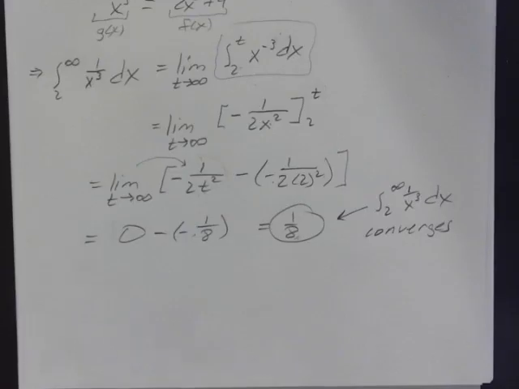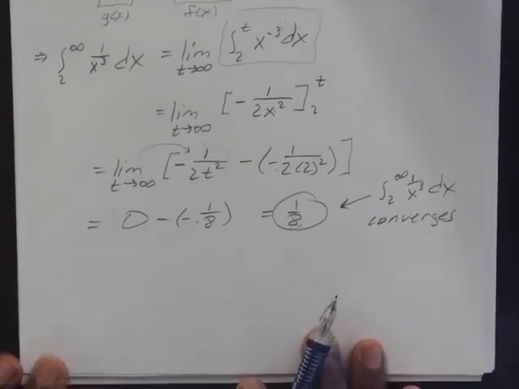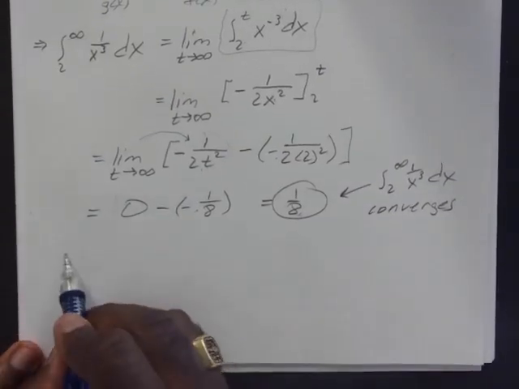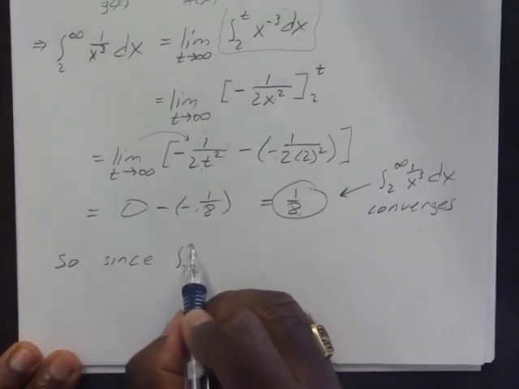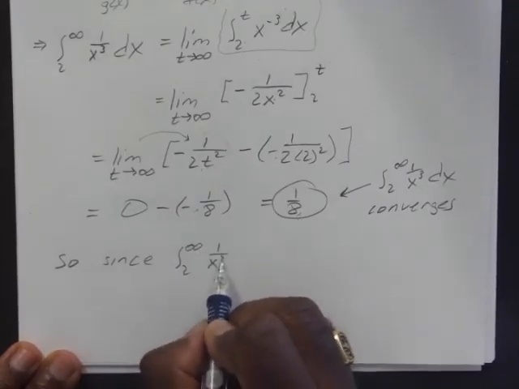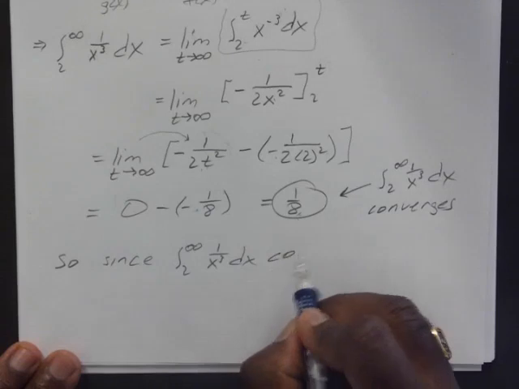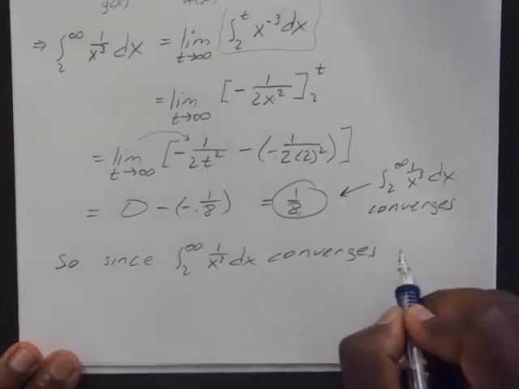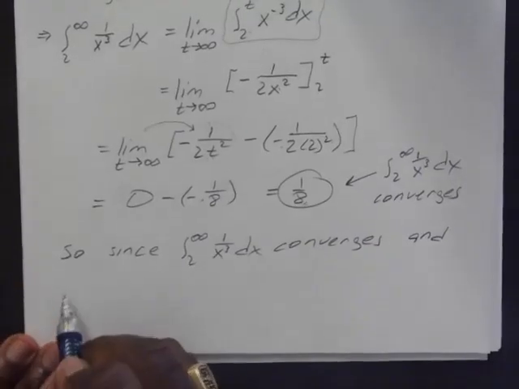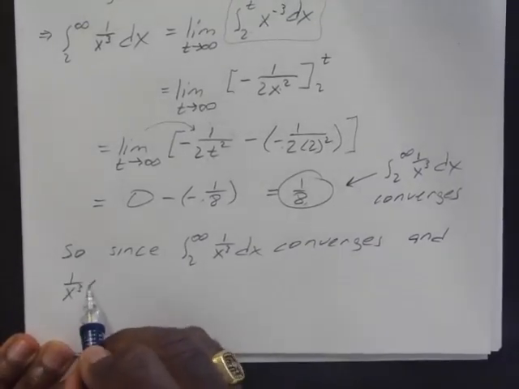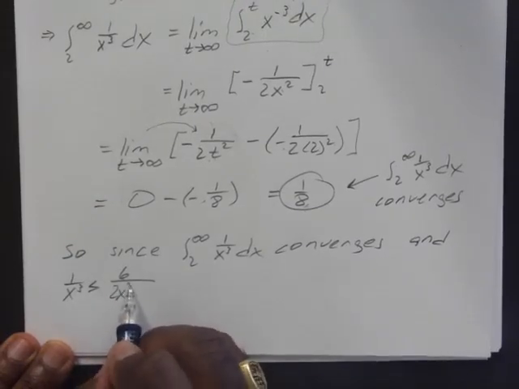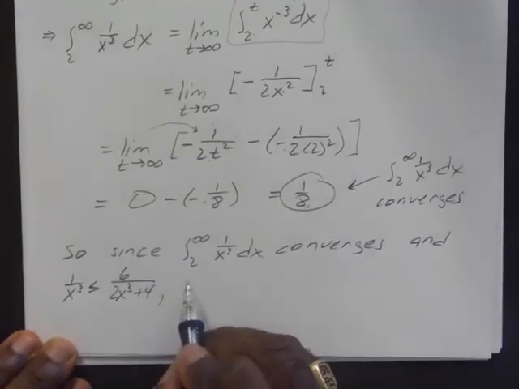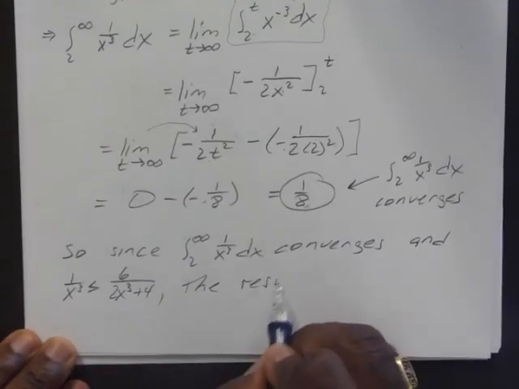Okay, which means it's absolutely no help in telling us whether or not our original integral converges or diverges. Okay, so since the integral from 2 to infinity of 1 over x to the third power with respect to x converges, and we know that 1 over x to the third power is less than or equal to 6 divided by 2x to the third power plus 4, the results are inconclusive.